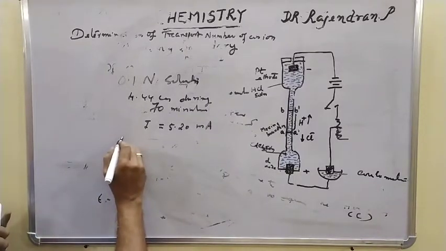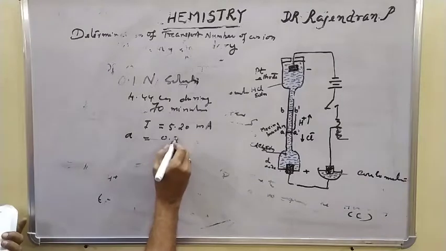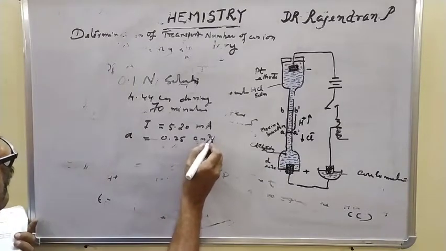Suppose the cross-sectional area of the tube is 0.25 centimeter square.